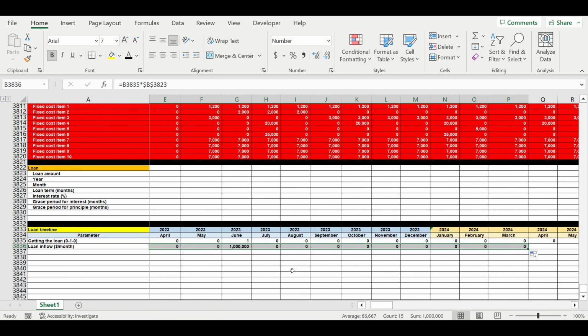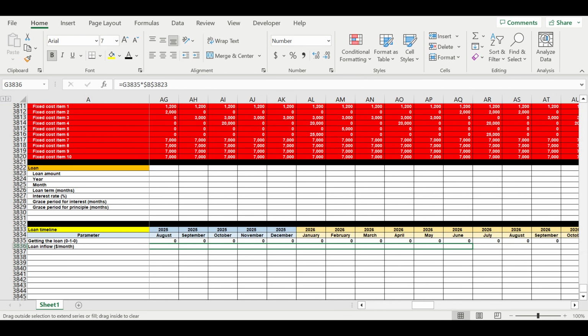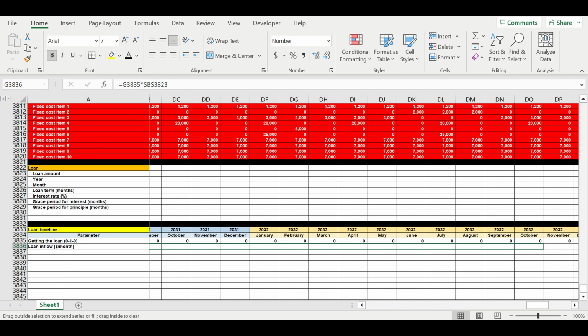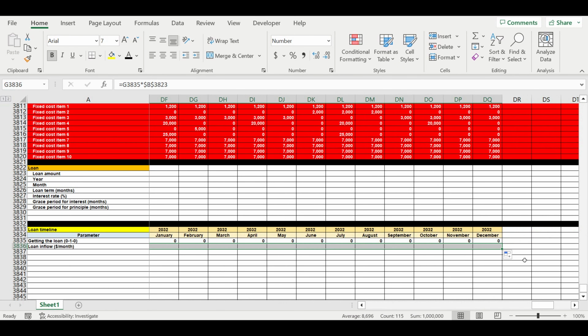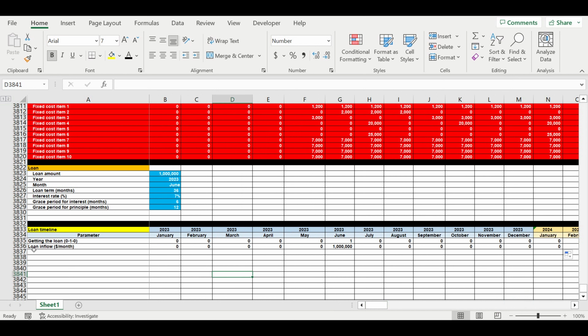So here we can see the inflow of the loan. Let's mark this line green because this line will go to the cash flow statement. This is the inflow.